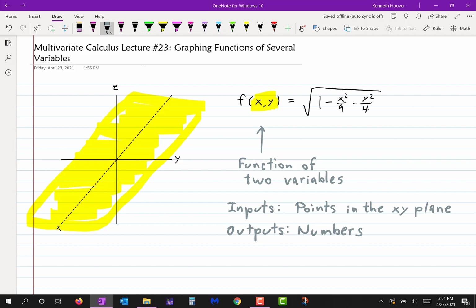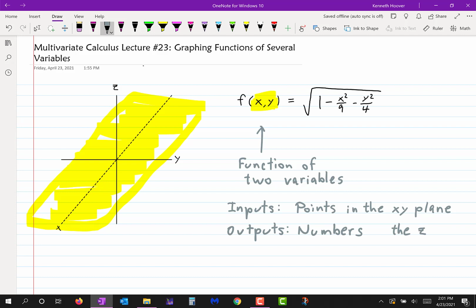Now, where are the output numbers going to be? Well, where's the only place left for them to be coming from? Or where do they live? There's only one place left, right? And that's the z. Just a second here. So let me write the z. Now, how many letters are there?